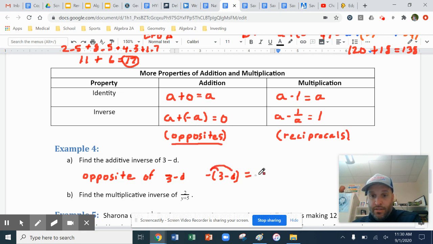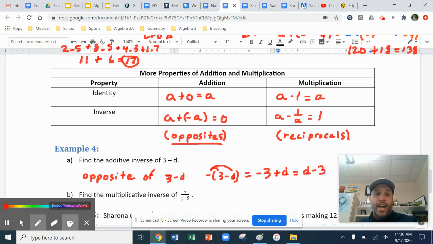So negative to the 3 is going to make negative 3, and then a negative to that negative d is going to make that positive. So we could have negative 3 plus d, or using the commutative property, we could rearrange those. That could also be thought of as d minus 3. So there would be our additive inverse of 3 minus d is d minus 3.